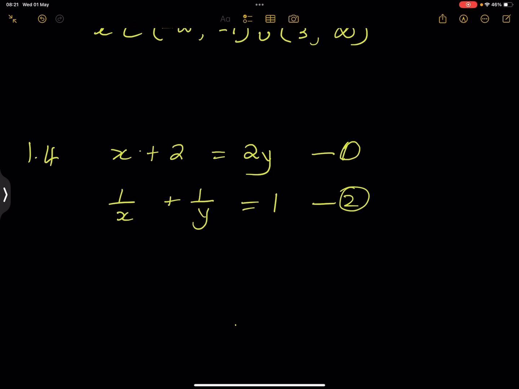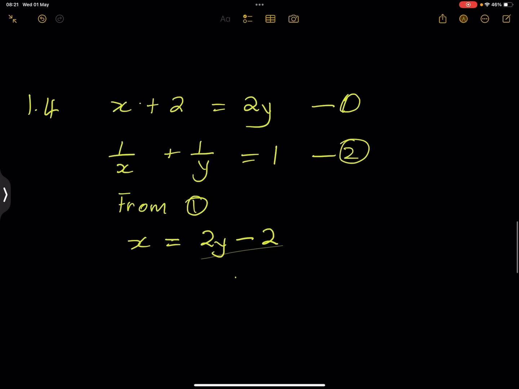So let's make x the subject of the formula. Please try to avoid fractions as much as possible. Of course, there are instances, very seldom, where you cannot avoid fractions, but please do avoid them as much as possible. So now we've got x is 2y minus 2. That will be our equation 3.